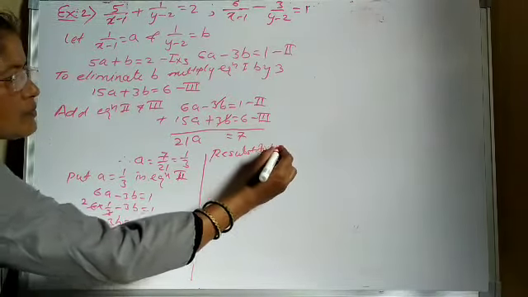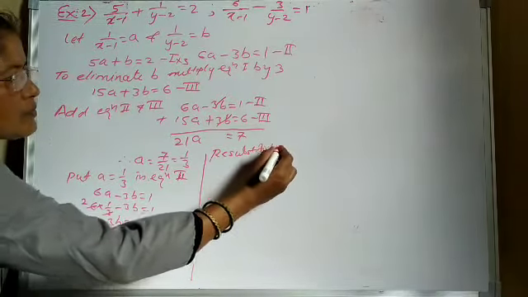So rewrite the above equations: 27a plus 31b is equal to 85, equation number 1. The other equation, 31a plus 27b is equal to 89. This is equation number 2. Now observe these equations.